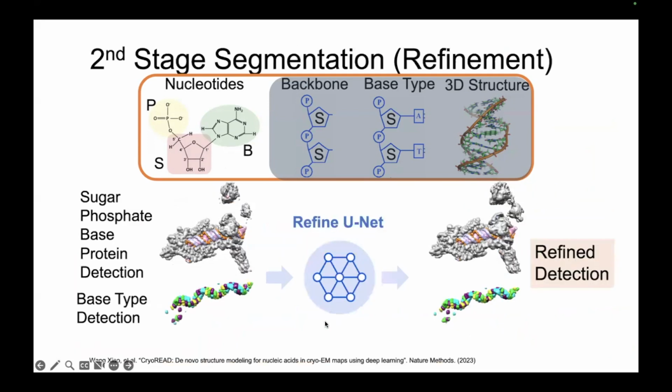The unique part is that CryoREAD does this prediction twice, not only once. Because once we have predicted the sugar, phosphate, base positions and base type predictions, CryoREAD can further refine the predictions using those initial predictions. So this is a kind of unique architecture in CryoREAD.